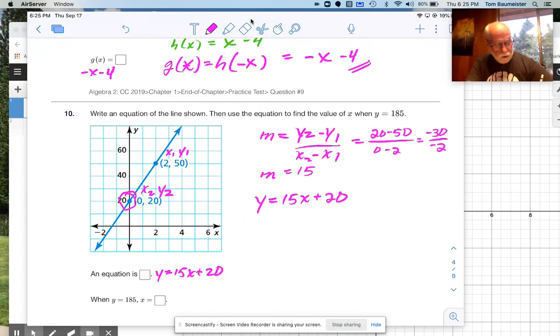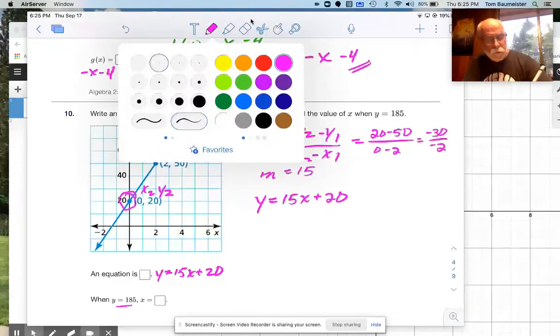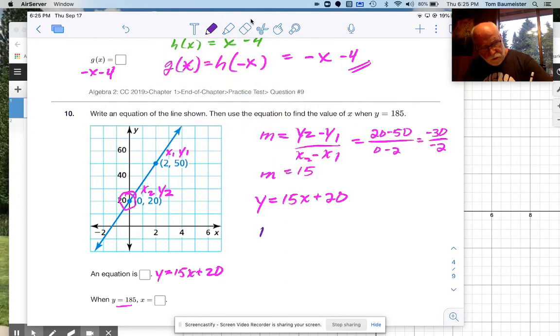Now they want to know when y is equal to 185, what is x going to be? So remember, I kind of told you on that one there, we can write it as 15x plus 20 is equal to 185.